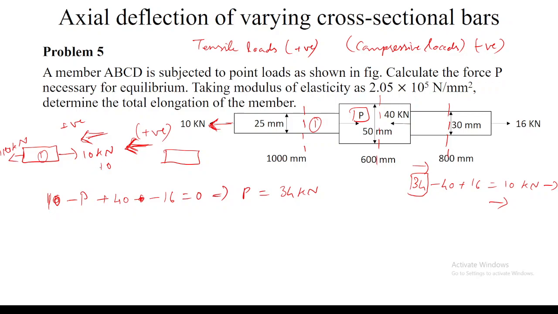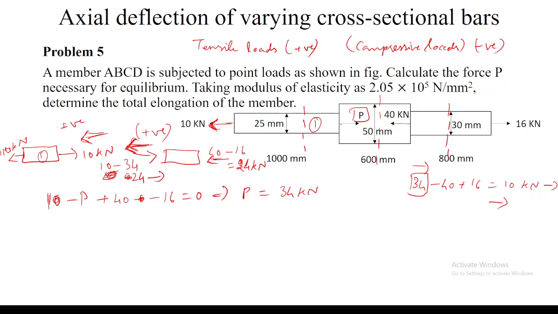So 10 kilonewton is positive and minus 34 kilonewtons, and this force is 40 kilonewton towards this side, minus 16 kilonewtons, which gives 24 kilonewtons compressive. Is this clear? Minus 24 I am getting towards this, so it will be 24 kilonewtons towards this.